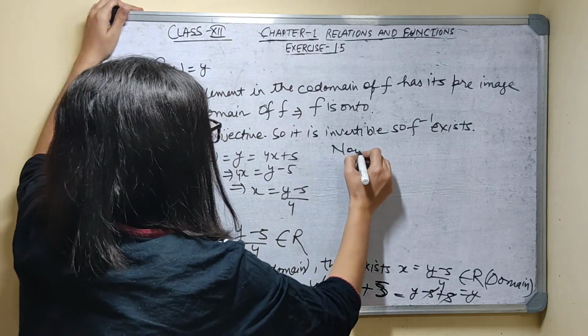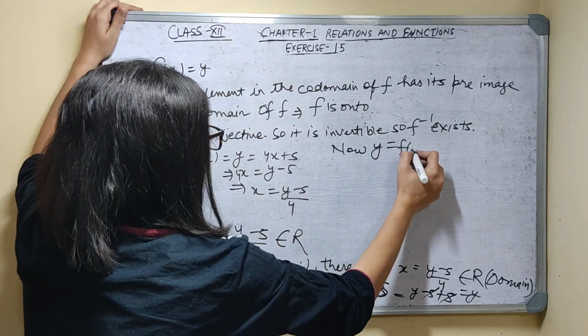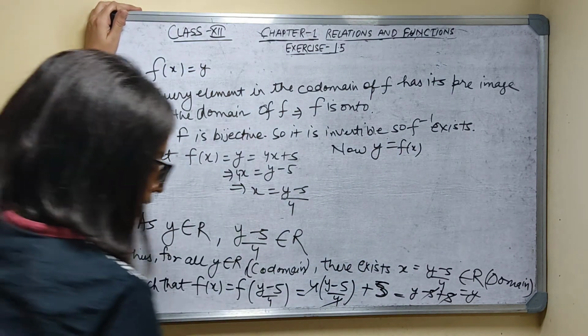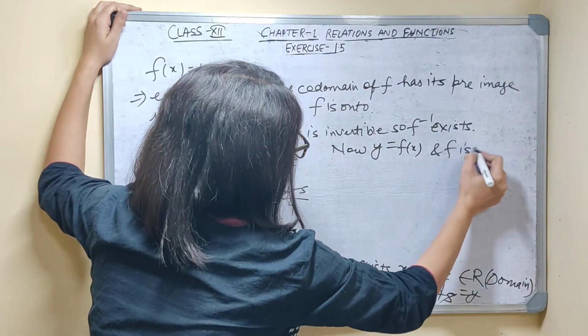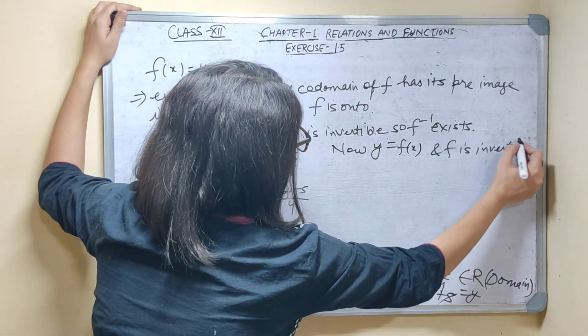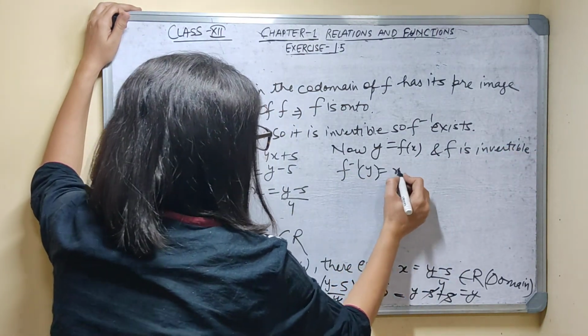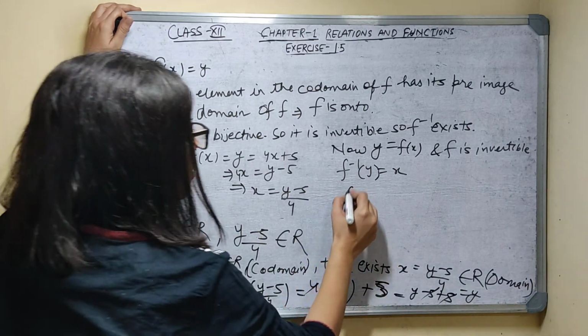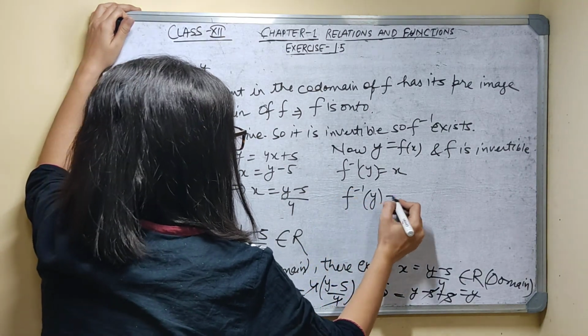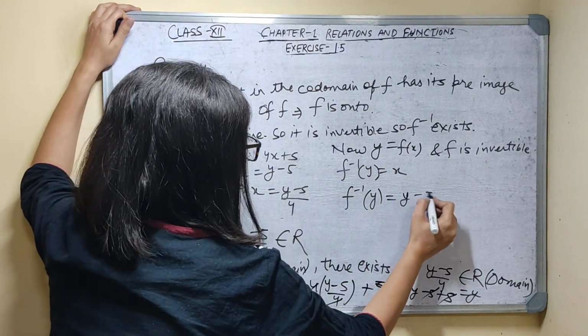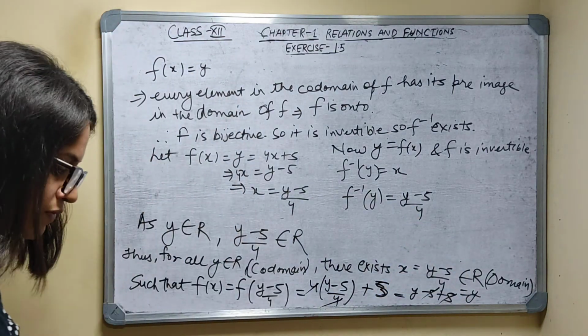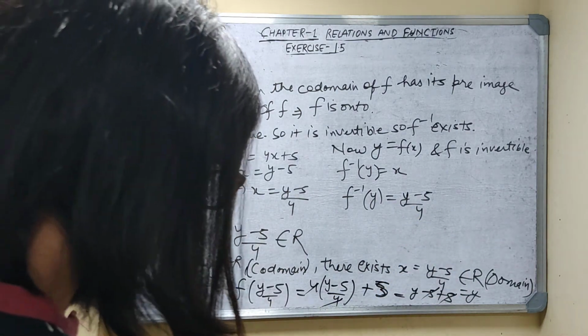Now you know y is equal to f of x and f is invertible. So I can write f inverse of y is equal to x, which is (y minus 5)/4.